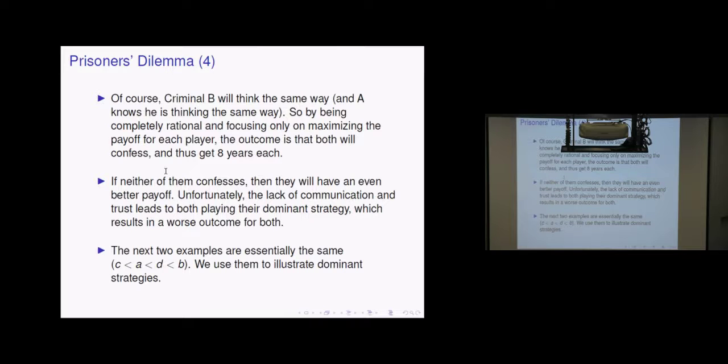They all follow this order: A is minus 8, D is minus half, B is 0, and C is minus 20. So the other two examples I'm going to give you are also the same thing, but we don't call them prisoners. We call them something else.